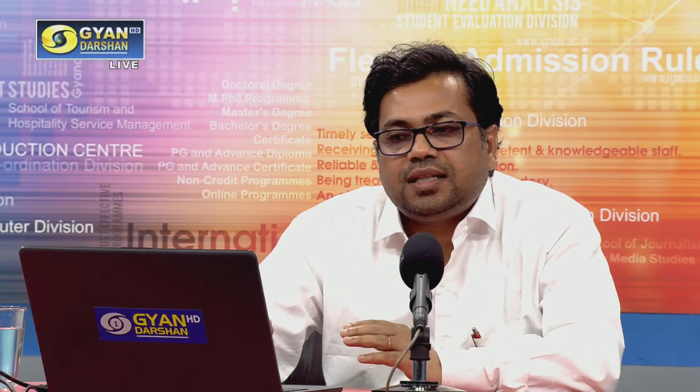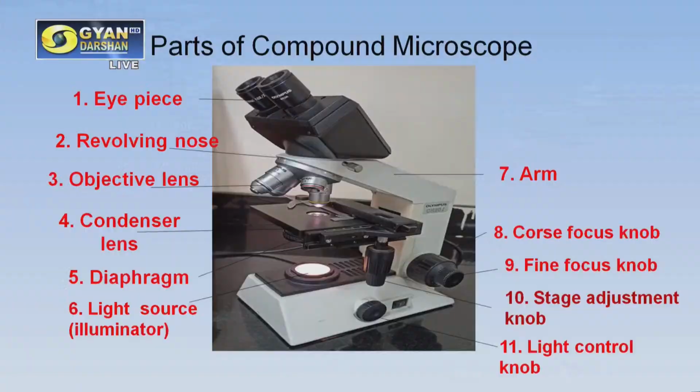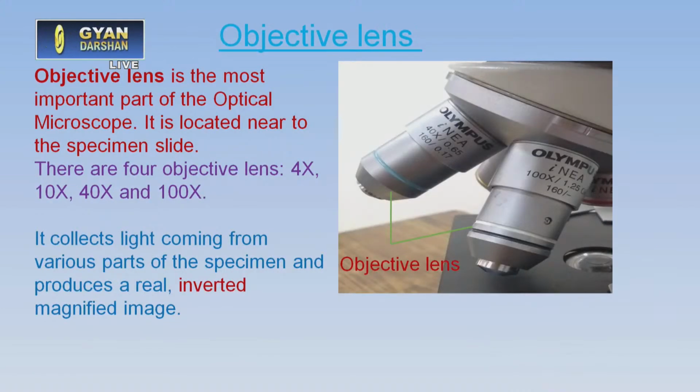You can see here first the eyepiece. The eyepiece helps to visualize the biological specimen viewed at the level of the objective lens. Basically three parts are very important in optical microscopy. First, the objective lens. The objective lens is the most important part of the optical microscope, because it first forms the image of the specimen.